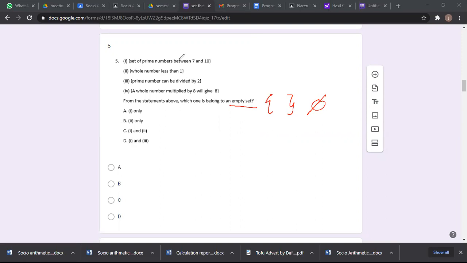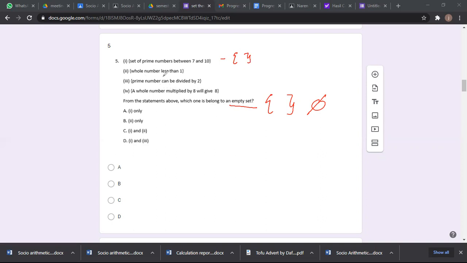The set of prime numbers between 7 and 10: we don't have any member in it because there is no prime number between 7 and 10. You can check it. So I believe this is the answer for the first sentence. Then you have to check the other sentences as well.